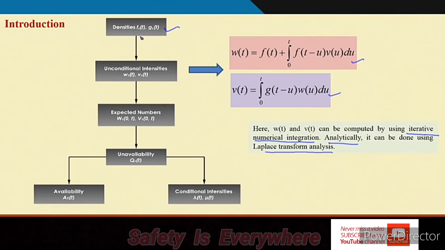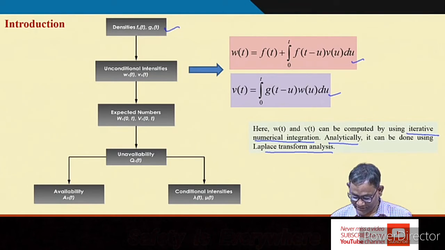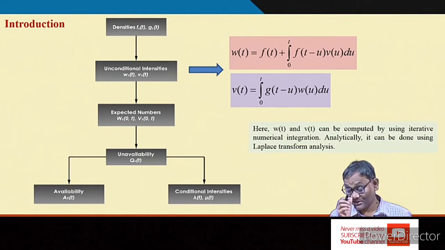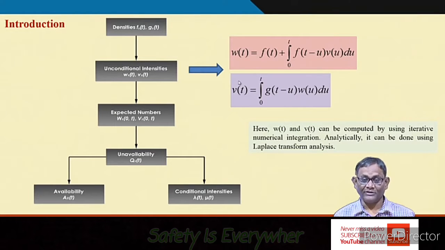Because component useful life usually follows exponential distribution, assuming exponential distribution is also realistic. So, let us see what the Laplace transform and inverse Laplace are and how they will help us in computing Wt and Vt.